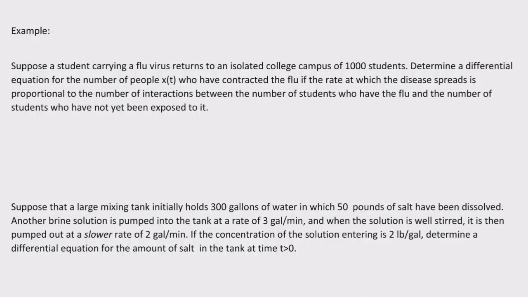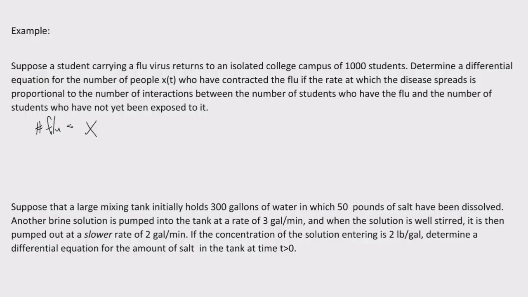Okay, so according to this model, how many students have the flu? Let's just do number with flu. What would we express the number of people who have the flu with? That would be x.